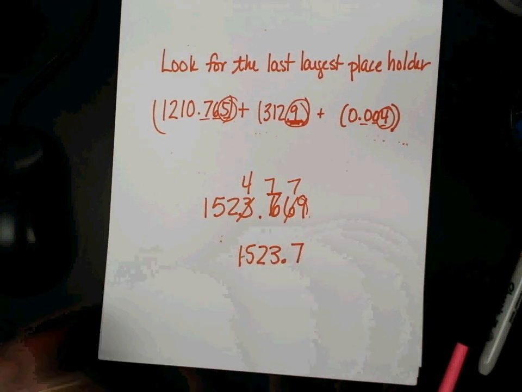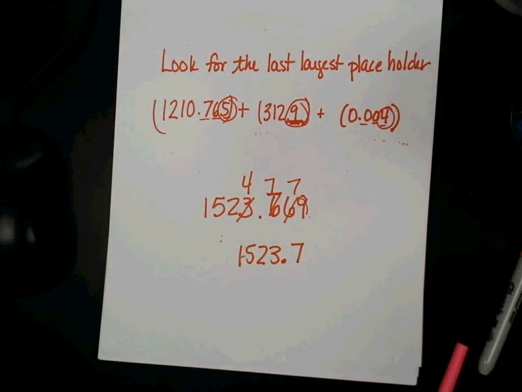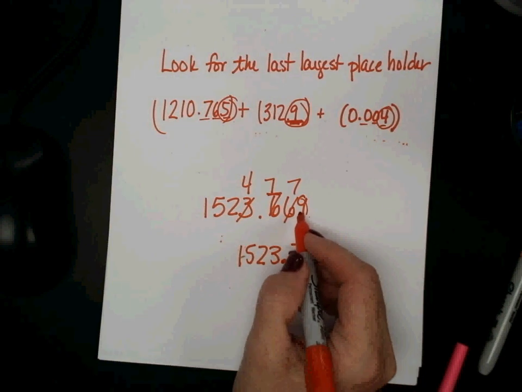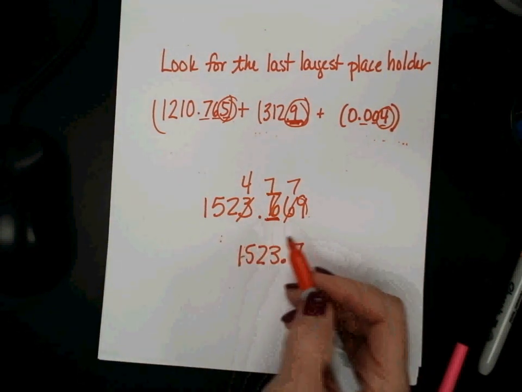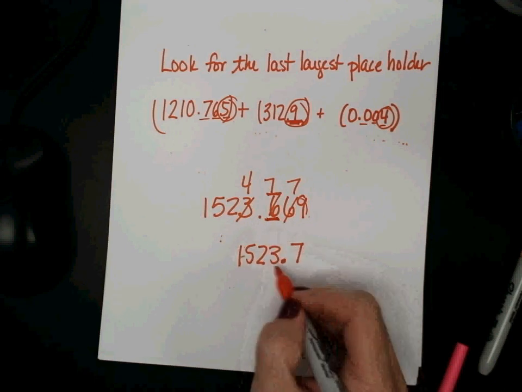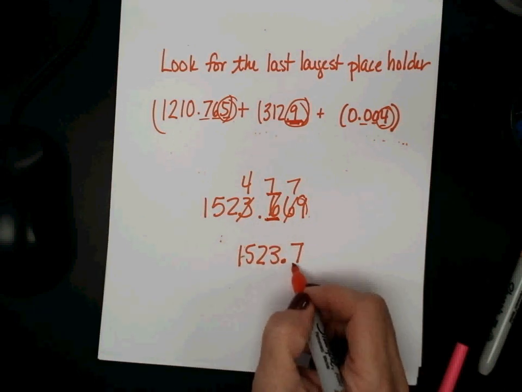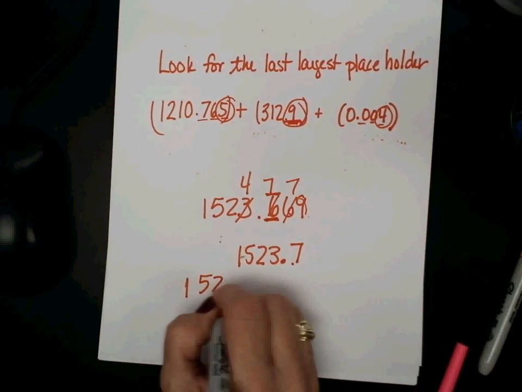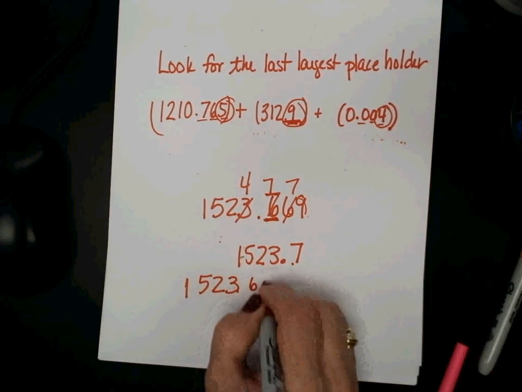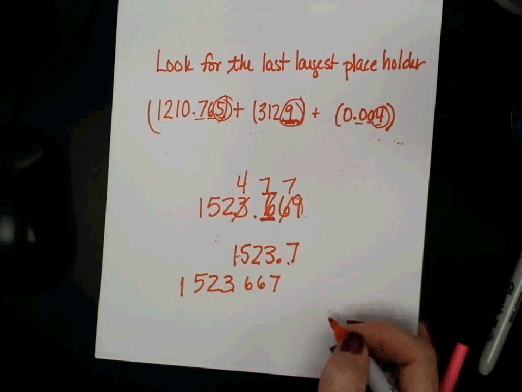Why don't you just round the 6, like the first 6? No, you've got to start at the back of the number and round. This 6? Right. Yes, I did round it to 7. Like, look at this, 1,523.667.